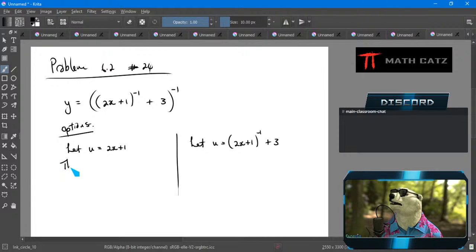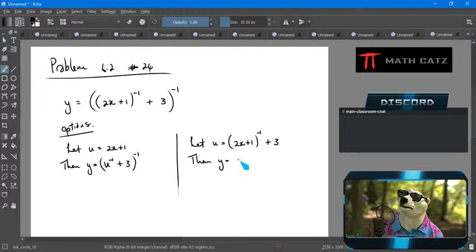In the first case, then y is going to be (u to the -1 plus 3) all to the -1. Even if I make that a fraction, it doesn't actually matter too much. In the second option, y is going to be u to the -1.